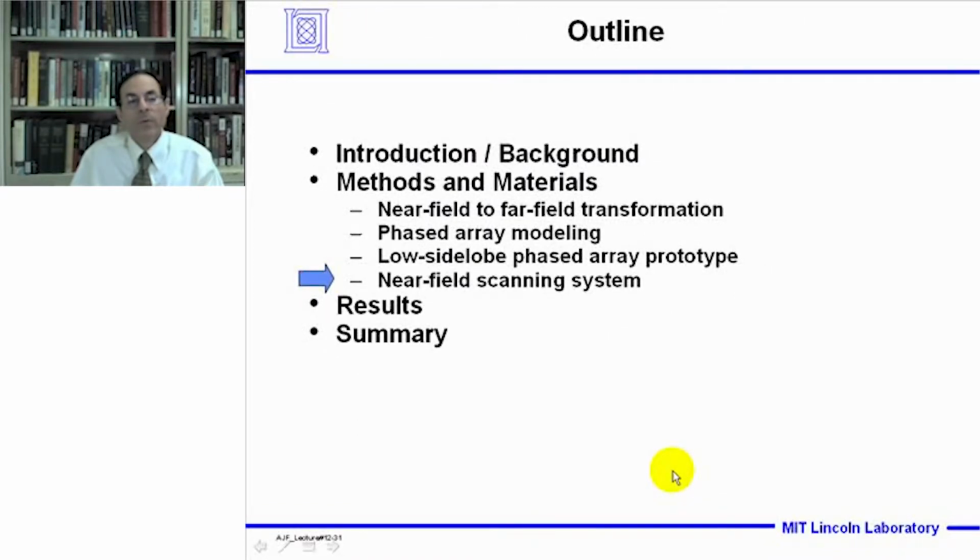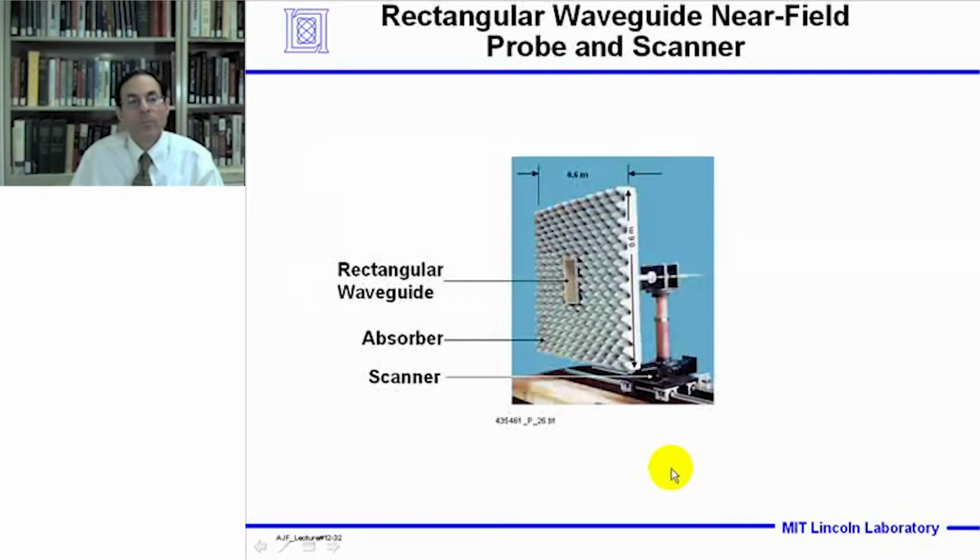Let's now describe the near-field scanning system. A rectangular waveguide probe was used to scan the near field. The rectangular probe was surrounded by anechoic material, and we'll show that the anechoic material does have an effect on the radiation pattern of the rectangular waveguide.